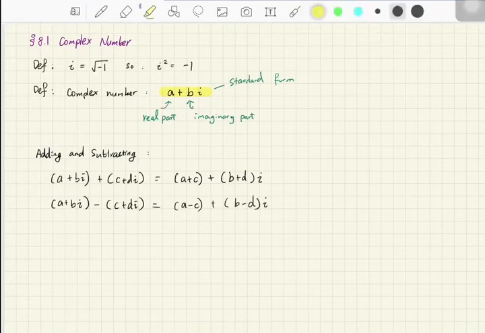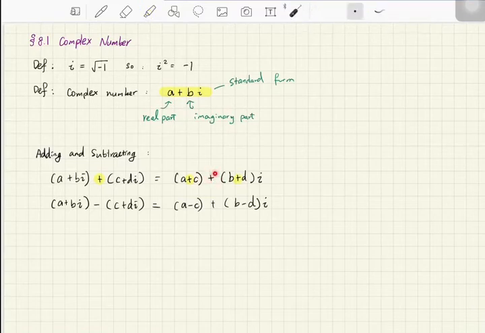However, here I do need to point out the operations. For addition, for example, when we add two complex numbers, the addition operation symbol in the final result is actually in between the a and c and the b and d.